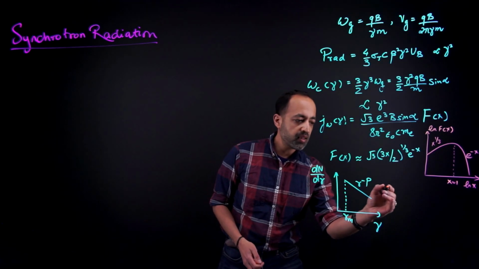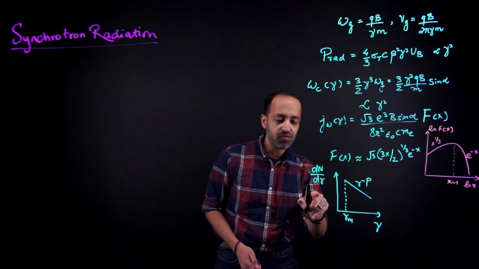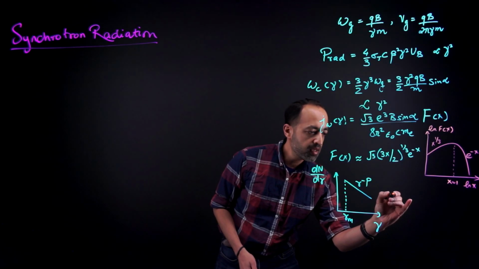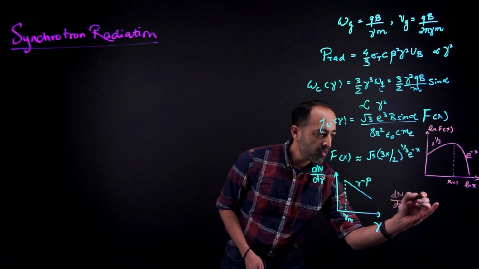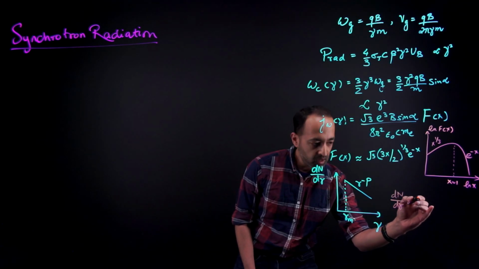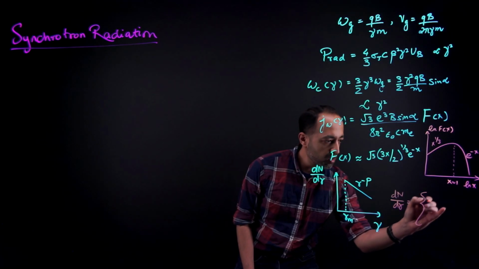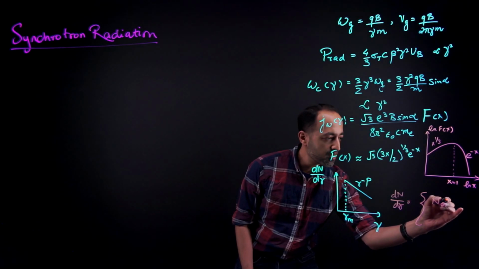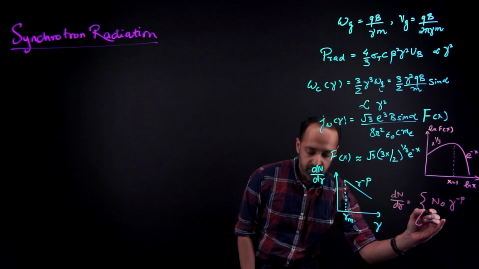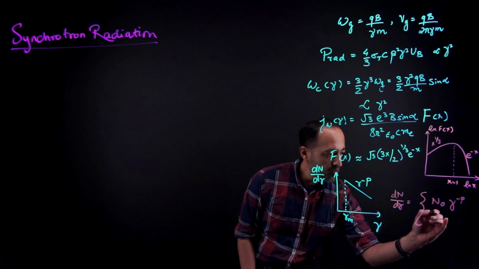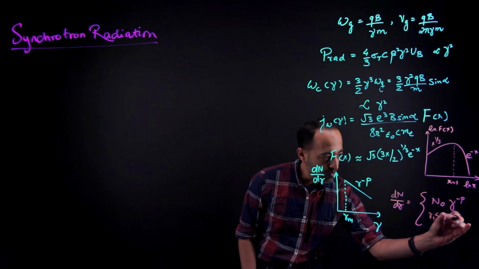We're going to say that this dN/dgamma, which I've just drawn down here, has the following form. So dN/dgamma, mathematically, is some normalization constant N_0 times gamma to the minus p, as long as gamma is between, let's say, gamma_1 and gamma_2.